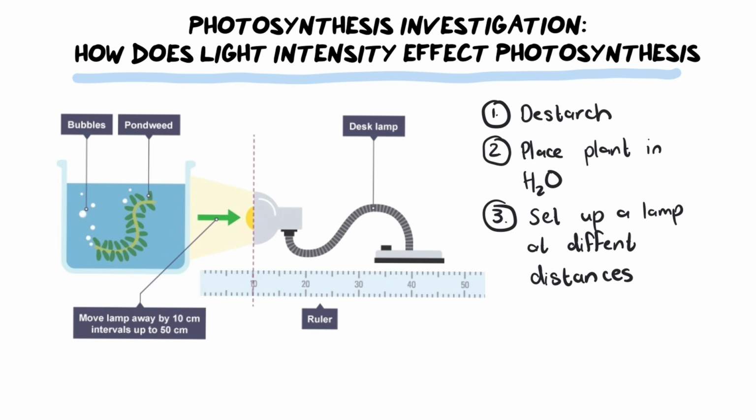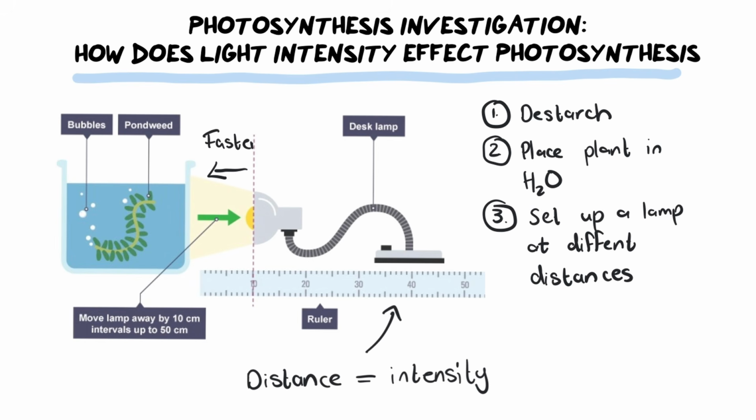And that's why there is a ruler here, so that we know how far away, because the distance is going to equal the intensity of the light, because the closer it gets towards our plant, technically the faster the photosynthesis should occur. And as we move away, it should get technically slower.